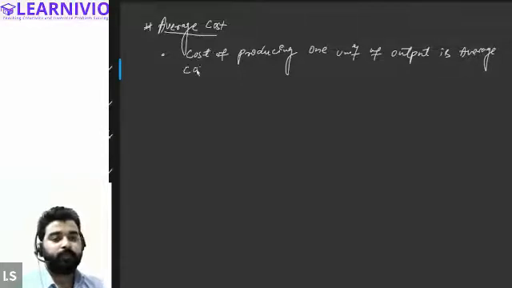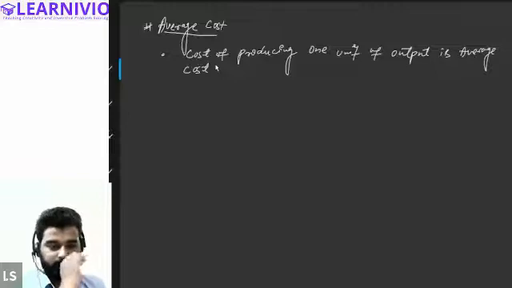Whatever the amount that we spent on producing one unit of output is called the average cost.